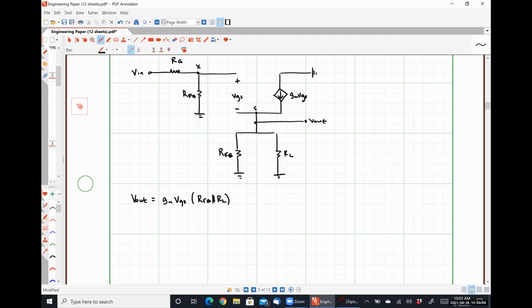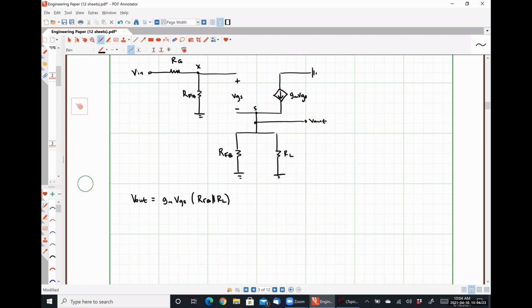And so now we struggle potentially with how to figure out what the input stage does to quantify that. Anybody have any thoughts? So the current flowing through RFA.